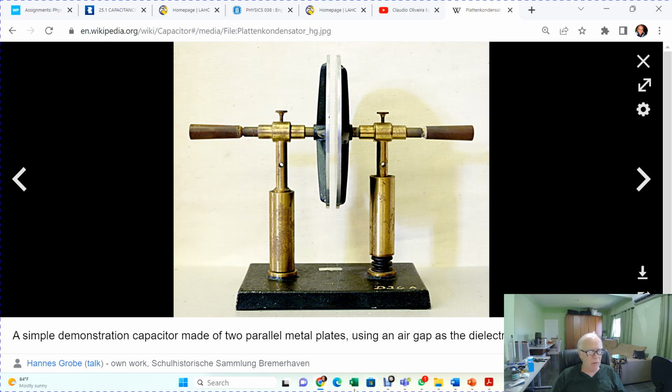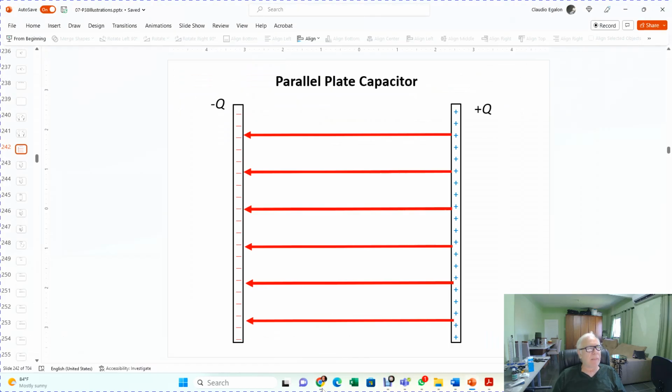Parallel plate capacitor with a uniform electric field between those two plates. Again, why is it important? Because this type of device can store electric energy, provided it is charged, provided there is a charge. If you discharge this capacitor, there won't be any electric potential energy whatsoever.